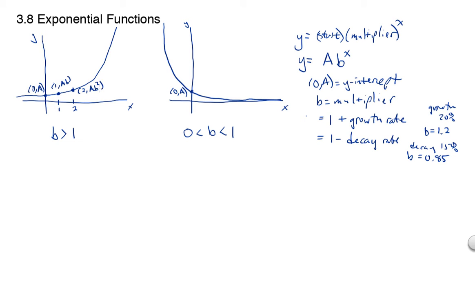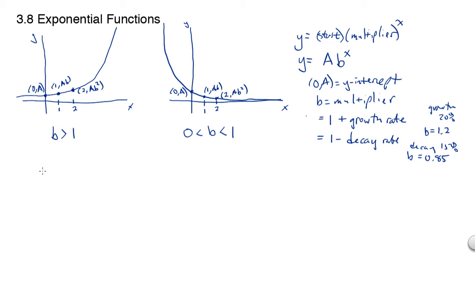Remember, b is squared first, the multiplier squared, and then multiplied by the starting value, the y-intercept a. On the decay graph, we can do the same thing. At 1, we've got a point that's smaller than a, a lower height, but it's still 1 comma a times b. At 2, we've got 2 comma a b squared. So that's basically it. a is our y-intercept, the y-coordinate of the y-intercept, and b is the multiplier. The thing that's taken to a power is our multiplier.